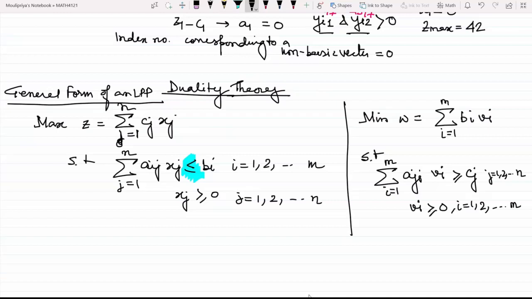This is how a dual of a problem is represented.